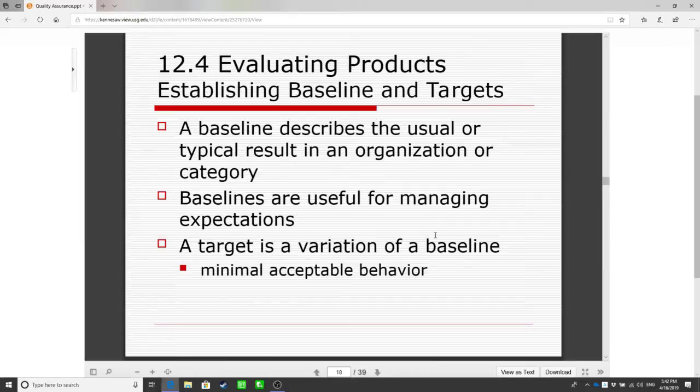But the target is an evaluation of the baseline. The baseline is the typical capability, and the target is a variation of the baseline where you want to reach the minimum acceptable behavior.